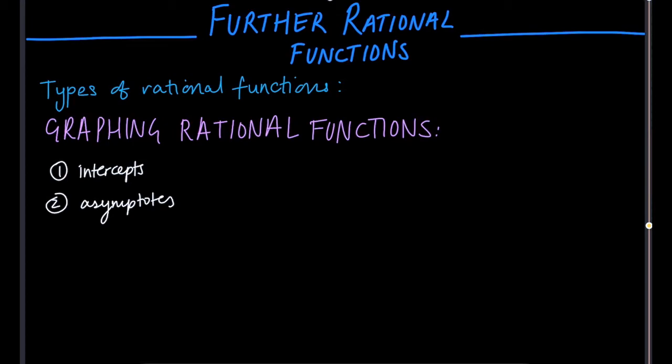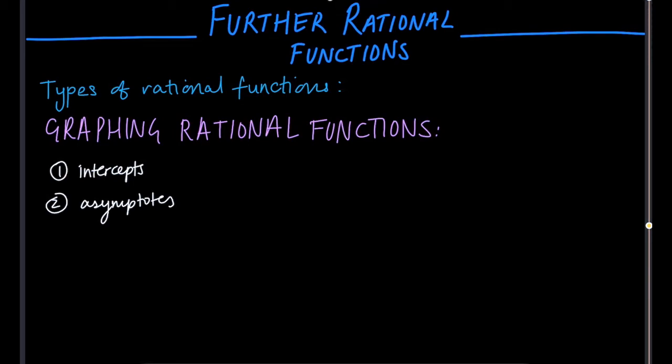And this is kind of the only two things we need to know before we can get a good idea of what our graph is supposed to look like. So if you have the x and y intercept and your vertical and horizontal asymptote, you can already kind of sketch your rational function.